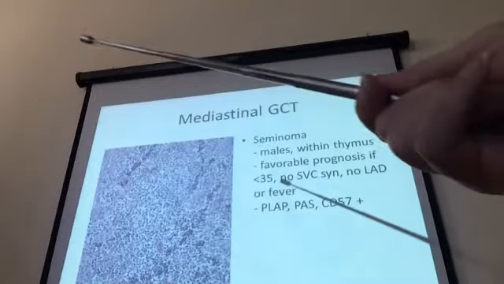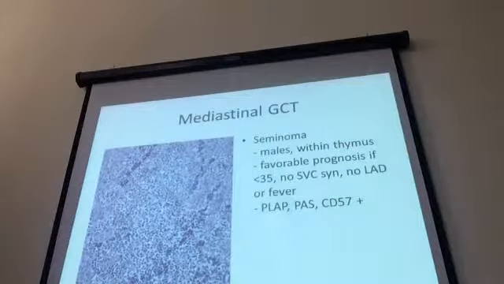So these would all be bad signs if they're over 35, involve other structures, lymph nodes, or fever. And the markers, PLAP will be positive, CD57 will be positive. Other markers could also be helpful. And of course, these would be keratin negative.